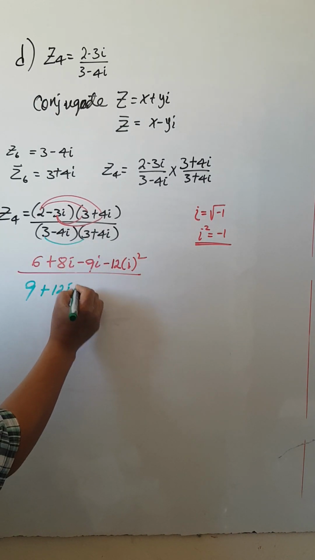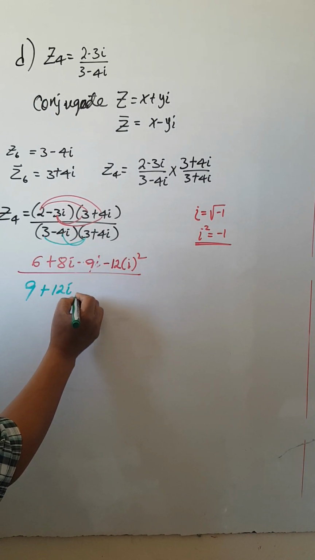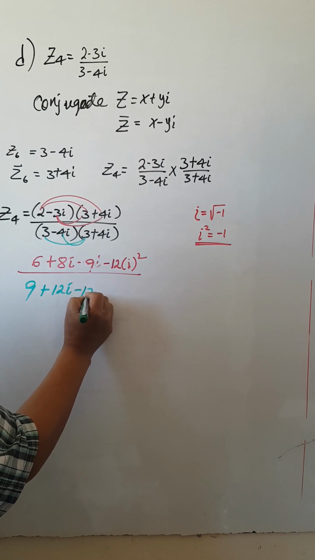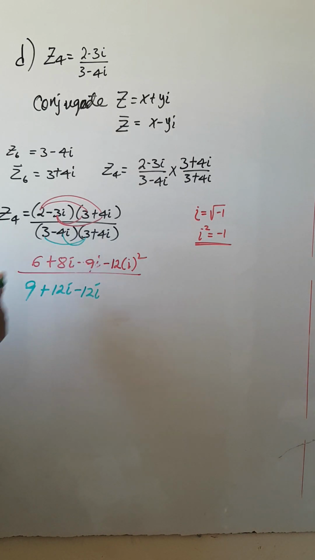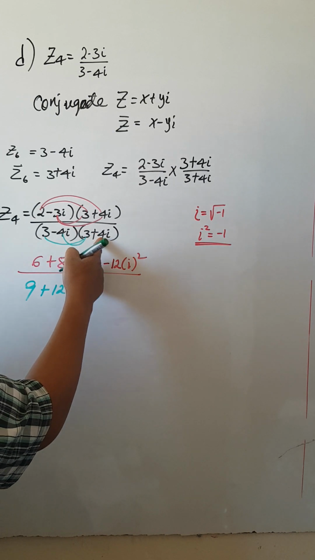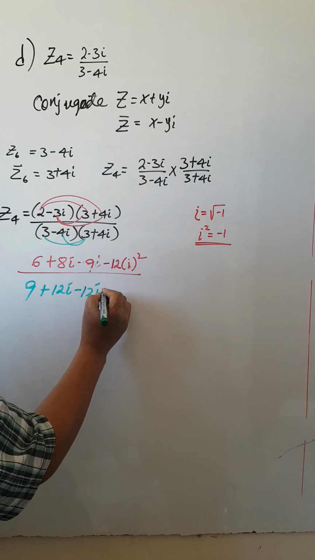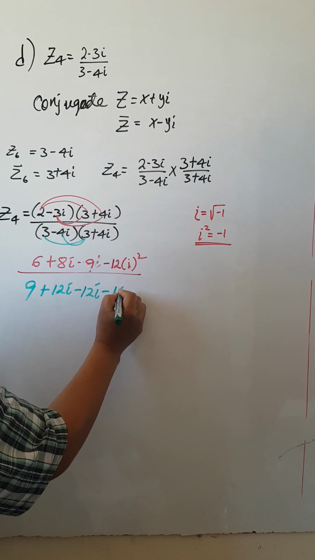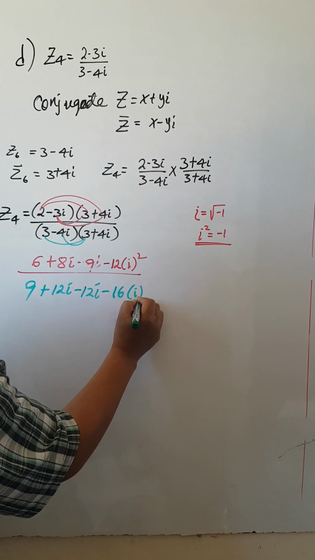Negative 4i times 3 is negative 12i, and negative 4i times positive 4i is negative 16 times i squared.